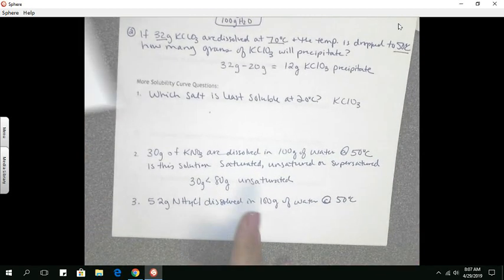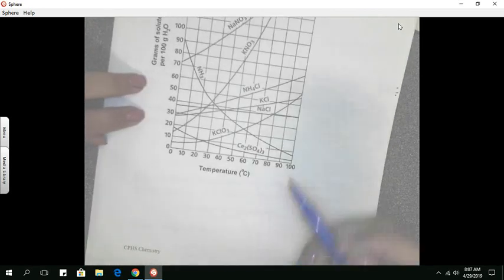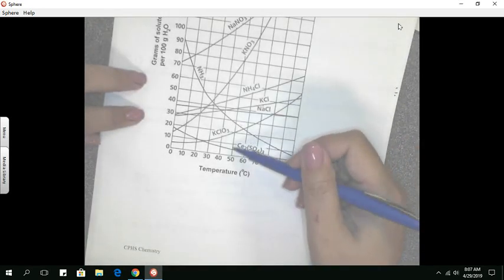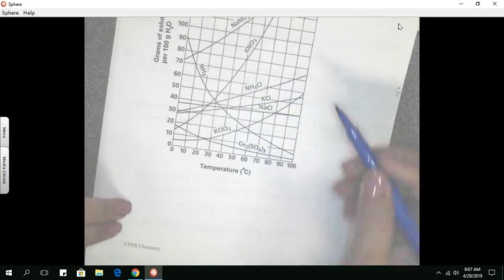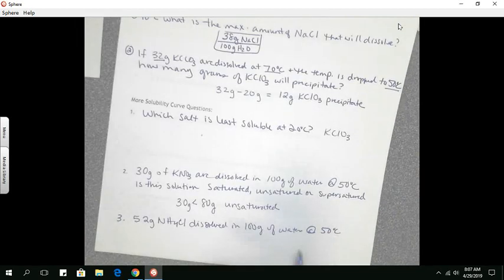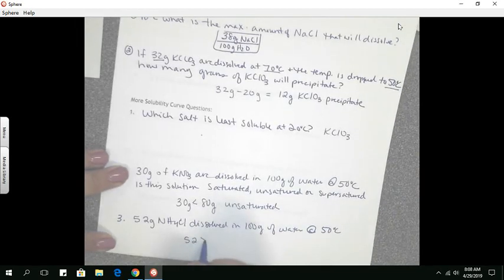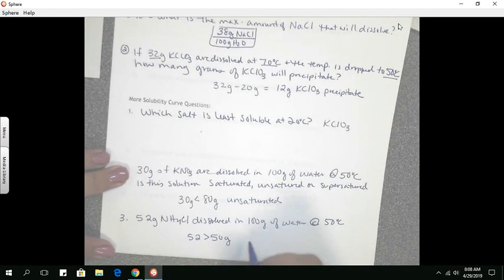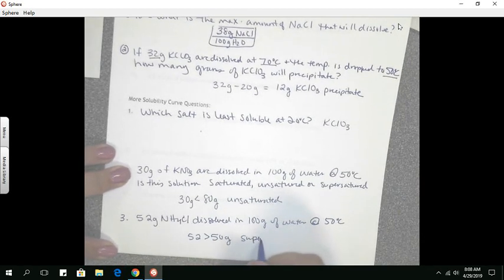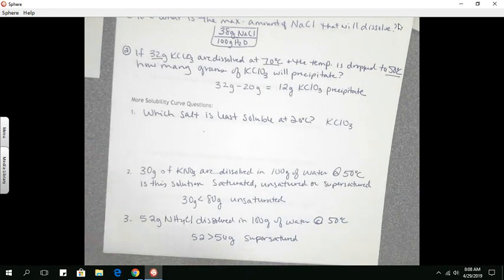So again, we look at our graph. We find 50 degrees, ammonium chloride will dissolve 50 grams. So our 52 is greater than the 50 grams the graph shows, and so that makes this a supersaturated solution.